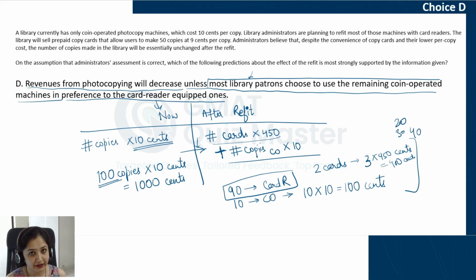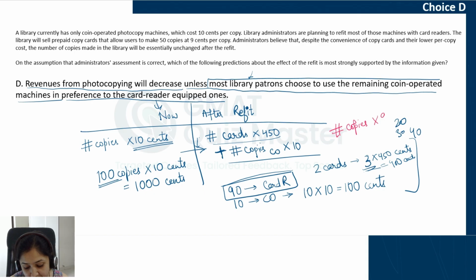So that is not a restriction here, and that is why this revenue can increase further with the number of cards. Now, if you selected this answer choice, the most probable mistake that you made was that you considered the revenue to be number of copies into 9 cents.